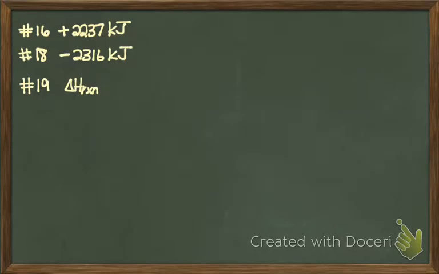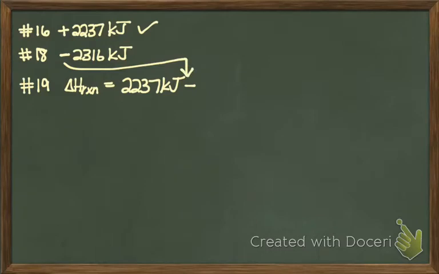So if you remember, we're going to take the sum of the bonds being broken, so 2237 kilojoules, and we're going to subtract, so we take this negative sign, and it becomes the negative sign in the equation, and write 2316 kilojoules. And when I do that subtraction, I get negative 79 kilojoules.